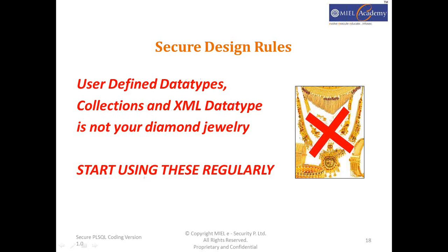So let your function return the result by making use of these special data types if required, as well as collections. That will bring in more security and most of the time more efficiency, unless your collection population is taking too much time.